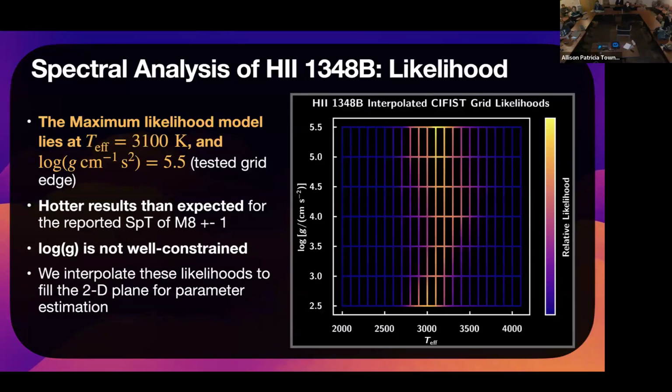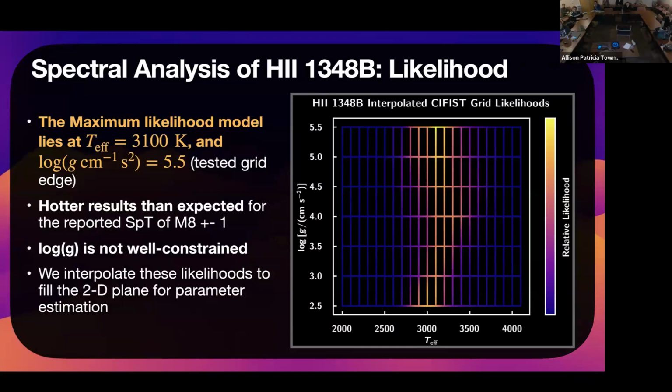So this is the end result of fitting this grid of models. And we've also interpolated between adjacent models to better sample the parameter space. So we have effective temperature of the model on the x-axis, surface gravity on the y-axis, and the vertices of the grid here are the actual models that we've been able to download from the team, and between them we've interpolated.